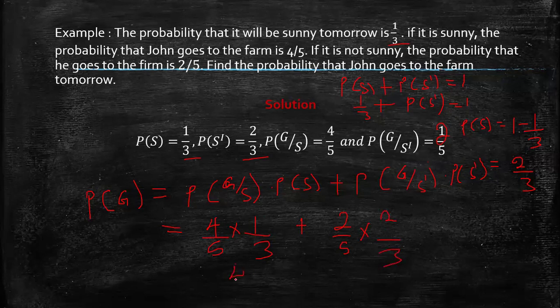So this gives us 4 out of 15 plus 4 out of 15. When we add this, we get 8 out of 15, which is the same answer we got while we were using the tree diagram.